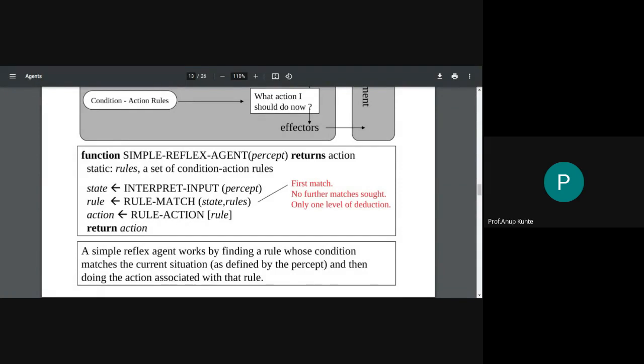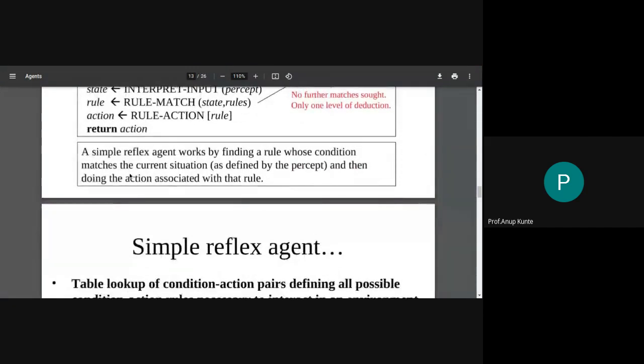We are trying to cluster certain percept sequences together and say that these percept sequences belong to this particular condition, and depending on that, this rule should be fired. And from that rule, we pick up the corresponding action. So rule is the index into this table called rule action table. Okay. Again, though, this is going to be non-flexible. इसमें flexibility बहुत कम है.